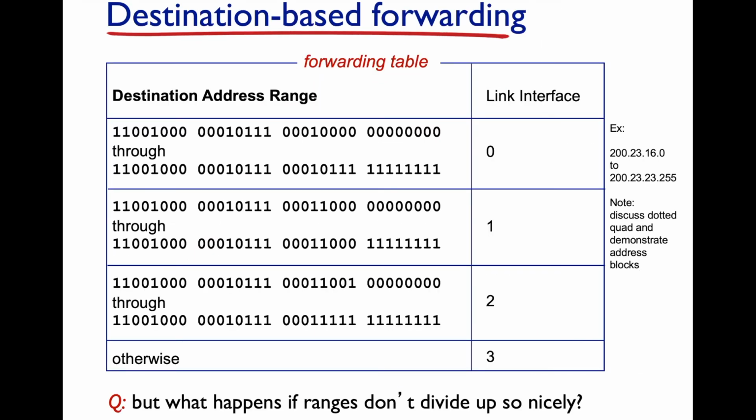Okay, so here's an example of the forwarding table, and we have an encoding in binary of four numbers, and these numbers are each 8 bits long, and as an 8-bit number in binary, you can represent the value from 0 to 255.